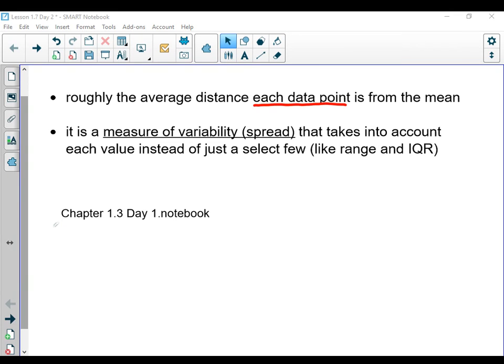So we've described the distribution with our shape, with our center, when we talked about either mean or median. And so now we have variability. So with variability, we're either going to look at the range with the IQR, or we're going to look at now the standard deviation.